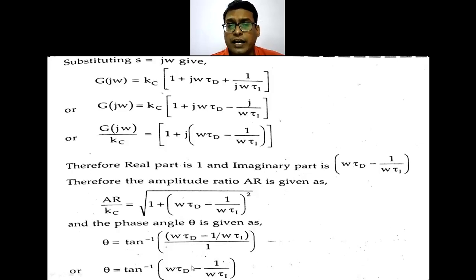So you will get the amplitude ratio as the square root of 1 plus omega tau d minus 1 upon omega tau I whole square, and theta is equal to tan inverse of omega tau d minus 1 upon omega tau I.